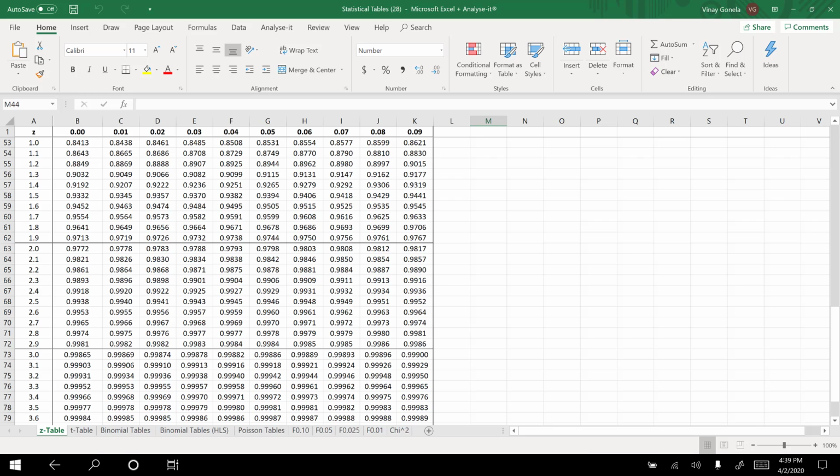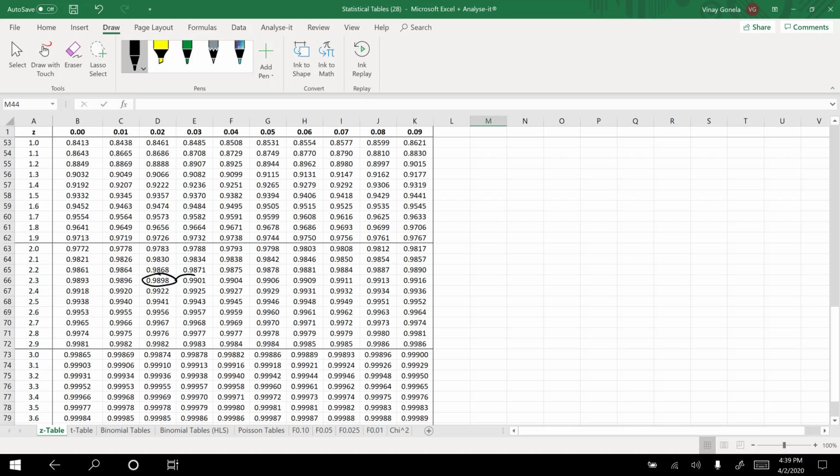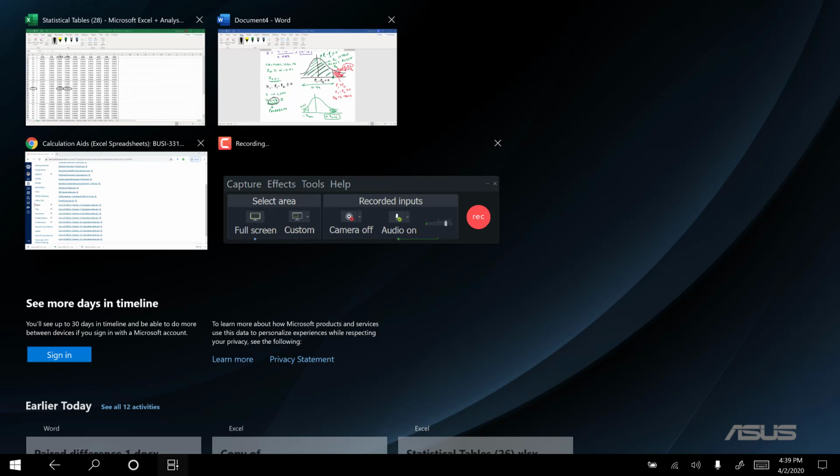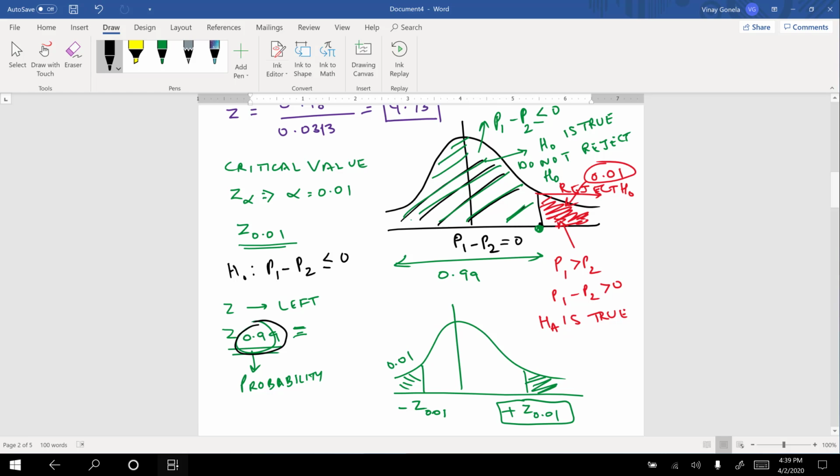So 0.99 would be either this or this, that is 2.32 or 2.33. I can use any of them. I will use 2.32. So my value here would be 2.32.